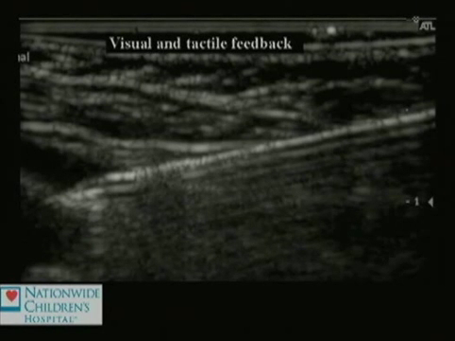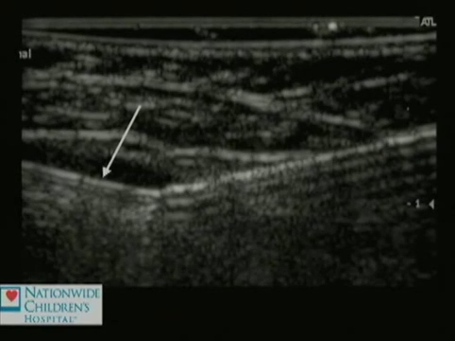The width of the vein is essentially as long as the bevel is, and so we have very little room for failure. Very important to notice that we are in both with visual and tactile feedback. We feel the vein wall pop, and we see the vein wall indent and then release, and then many times we can see blood moving retrograde in the needle.